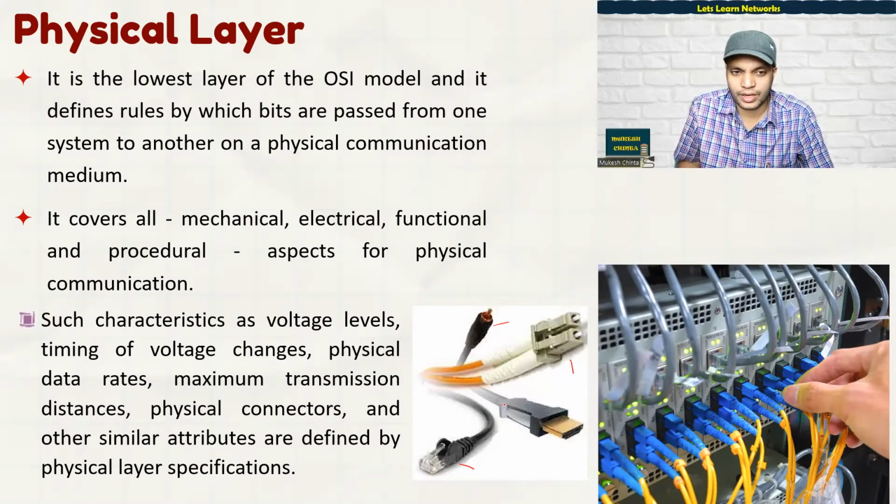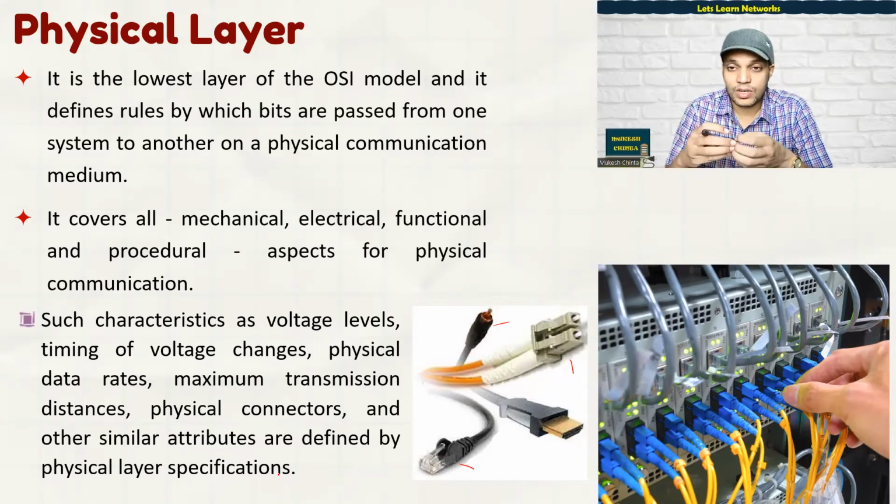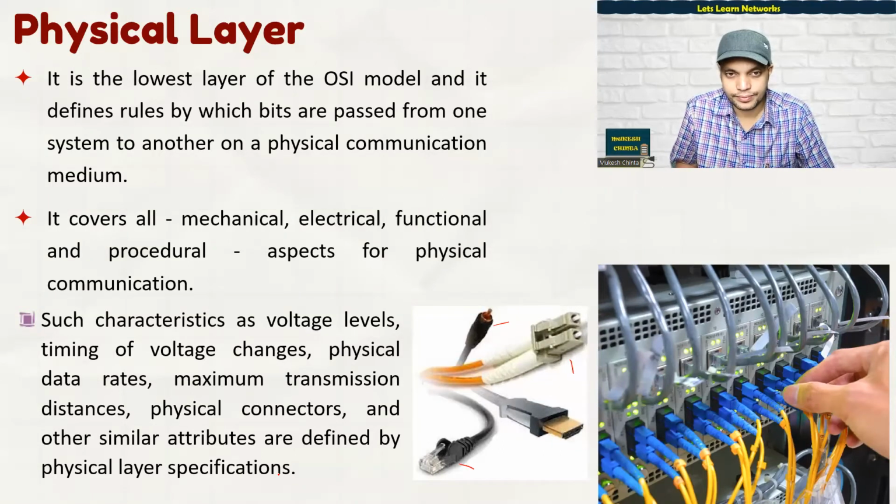There are different types of connectors used. All these connectors come under the purview of the physical layer only. So physical connectors and other similar attributes are defined by the physical layer specifications. In a nutshell, the physical layer is the one which accepts the data from the upper layers, converts them into signals and transmits them across the media. So that is what your physical layer does.